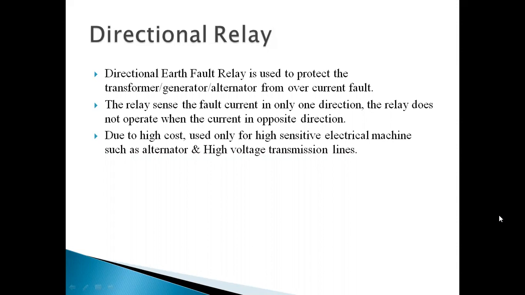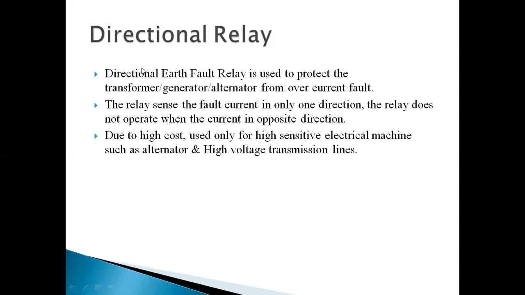Then we saw the directional relays. Directional relays operate in only one direction. That means when the current is flowing in only one direction, only then this relay will operate.